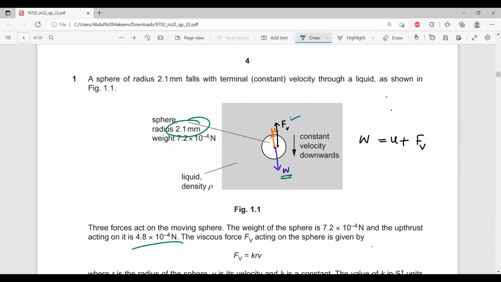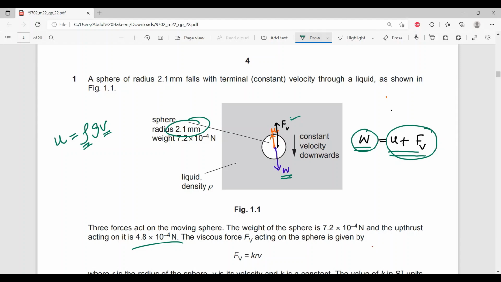So the weight is down, upthrust up, drag force up, and this is the equation because the resultant force is 0. So the sum of the upward forces is equal to the weight. That's why the velocity is constant. So do remember, this drag force is smaller than the weight, and the upthrust is smaller than the drag force, because the upthrust is rho GV, with small volume and small density of the liquid.